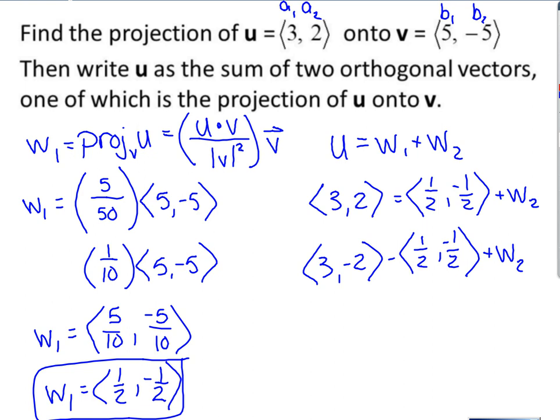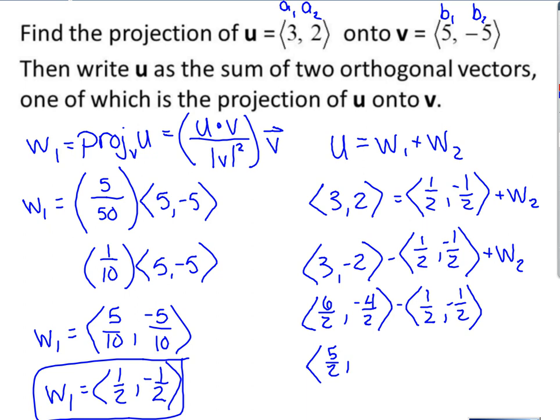So 3 minus 1/2. If we write 3 in halves, this will be 6 over 2, and negative 4 over 2. Six halves minus 1/2 is going to give me 5 halves.